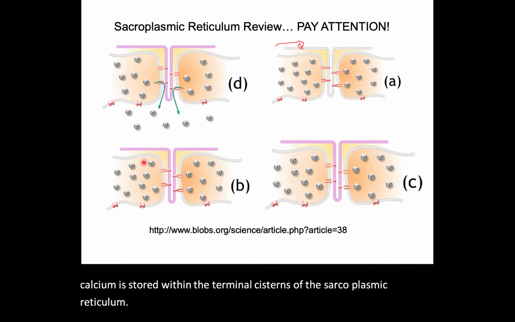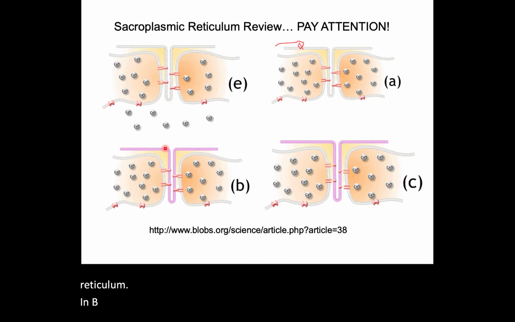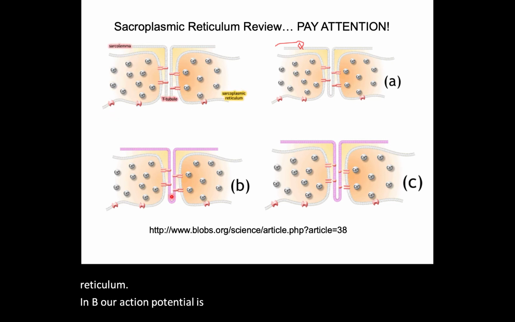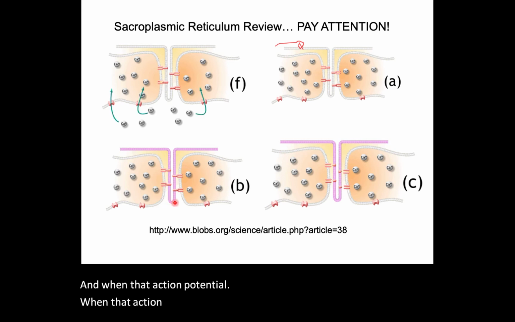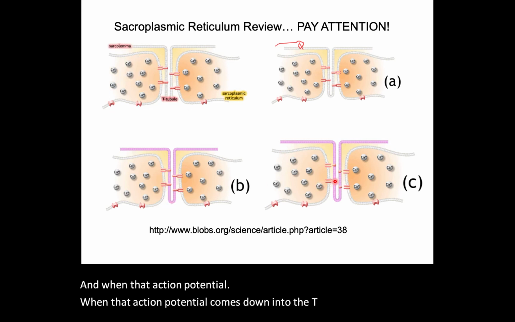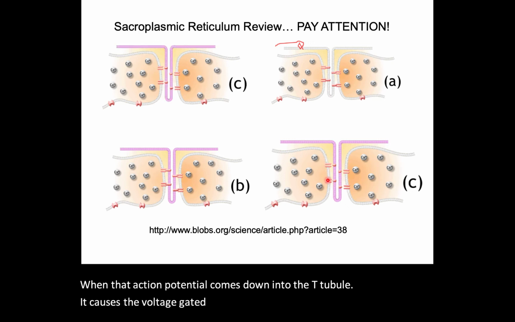In B, our action potential spreads down the T-tubule. And when that action potential comes down into the T-tubule, it causes the voltage-gated calcium channels to open. We've changed the voltage.